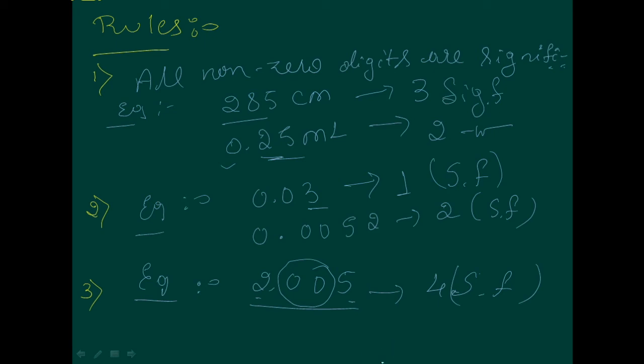Next, the fourth rule: zeros at the end or right of a number are significant provided they are on the right side of the decimal point. For example, 0.200 gram has 3 significant figures.